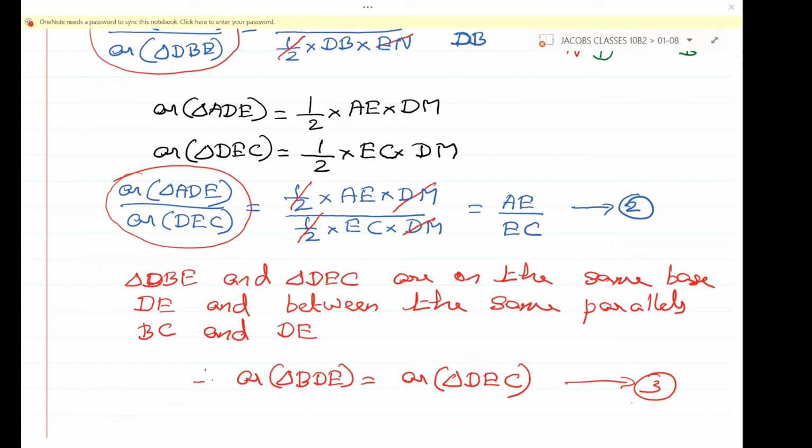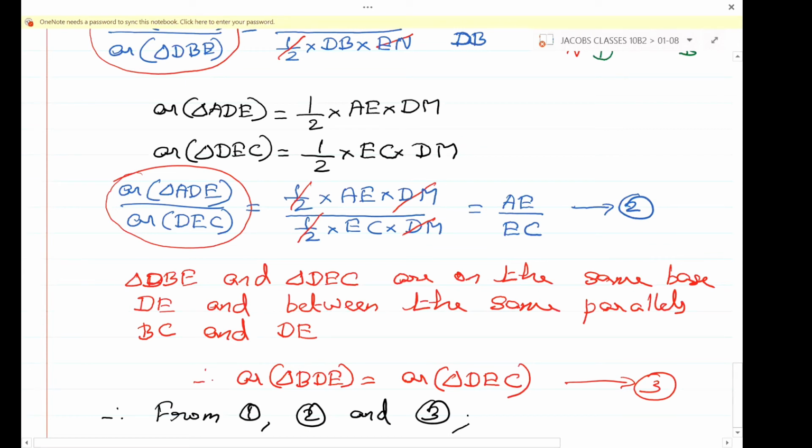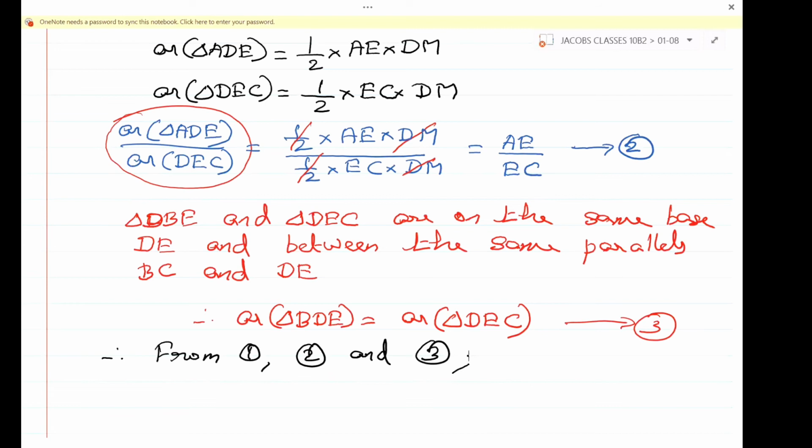So from equations 1, 2 and 3 we can write like this, AD by DB is equal to AE by EC. Hence, basic proportionality theorem is proved. AD by DB is equal to AE by EC, hence this theorem is proved.